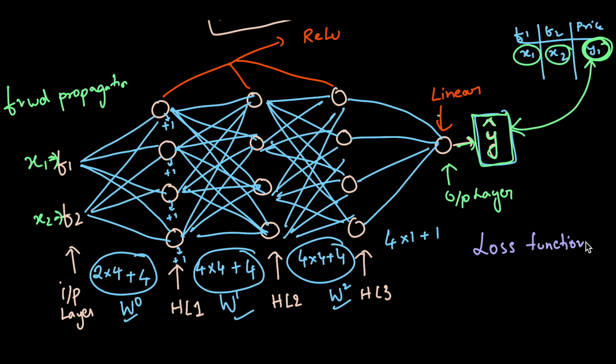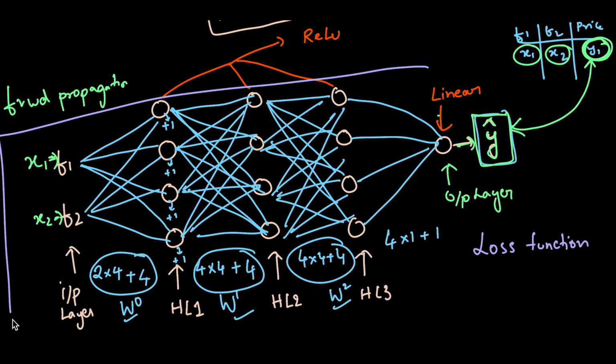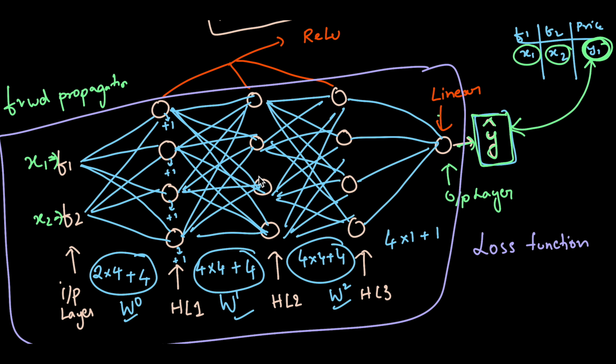So we have already seen in the linear regression video that in any machine learning algorithm, there are three main steps. First one is the hypothesis. In our case, this whole structure will be our hypothesis. And then second step is our loss function. For loss function, the inputs will be the actual value, that is this one, and the predicted value, that is y cap. So based on these two, we'll be calculating the loss.